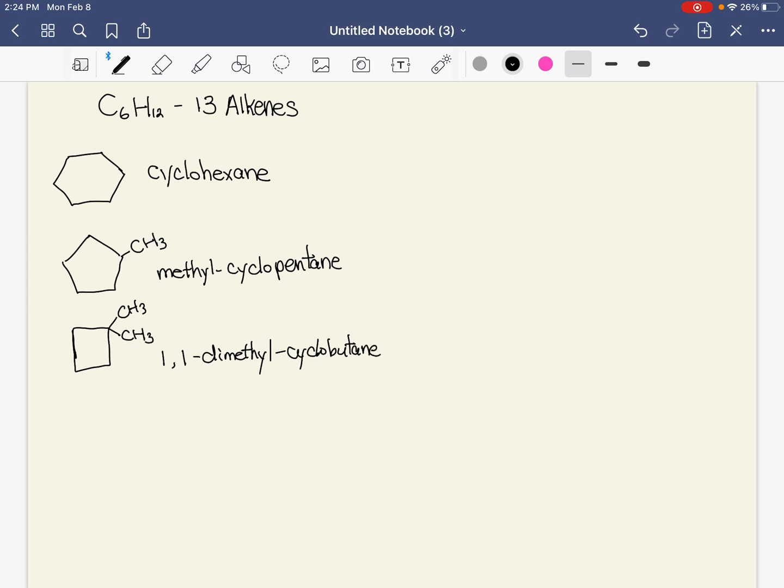Okay, so what other cyclobutanes are there out there? Well, I can start moving around those methyl groups. Oh, look at this. I can do this one. This will be 1,2-dimethylcyclobutane.